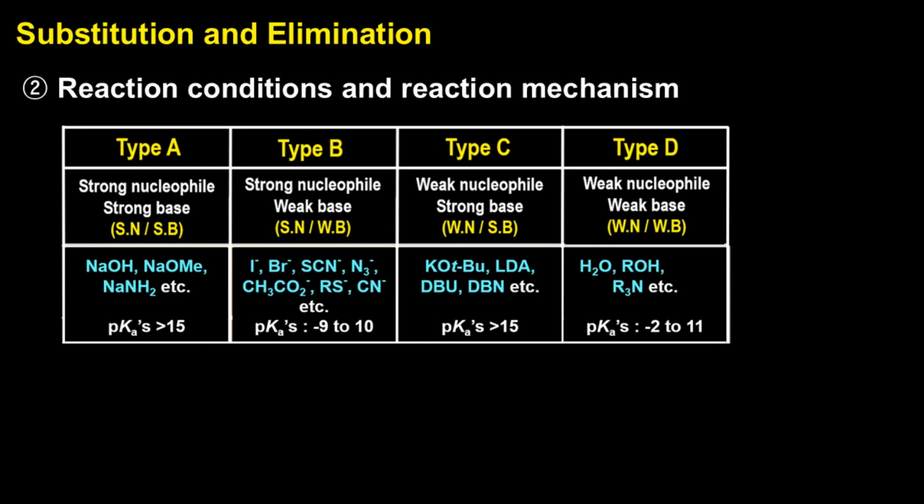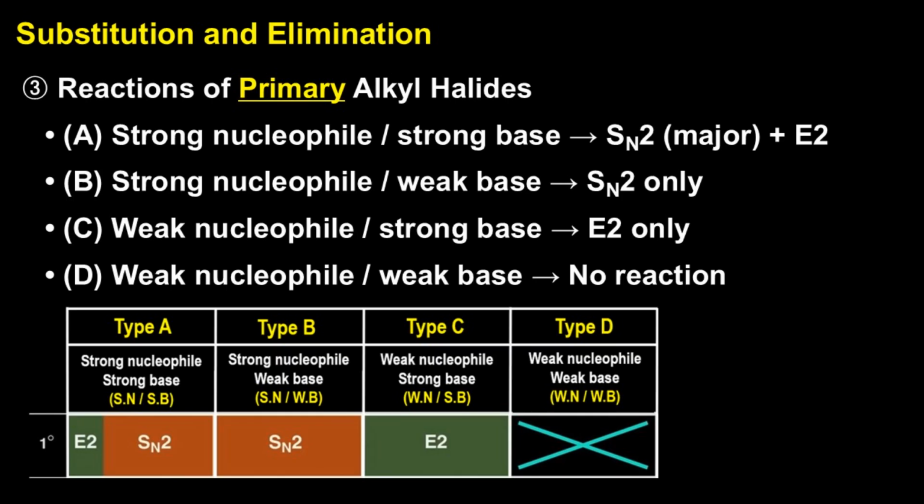And finally, type D reagents are weak nucleophiles and weak bases like water, alcohols, or amines. These conditions tend to favor SN1 or E1 pathways, particularly when the substrate is secondary or tertiary, and the solvent is polar and protic.